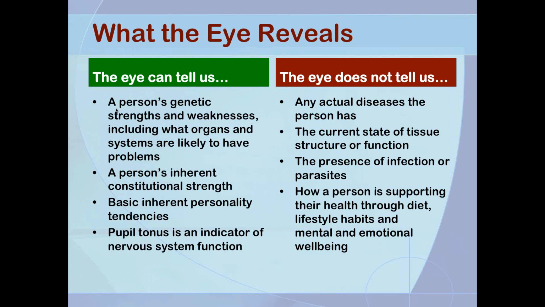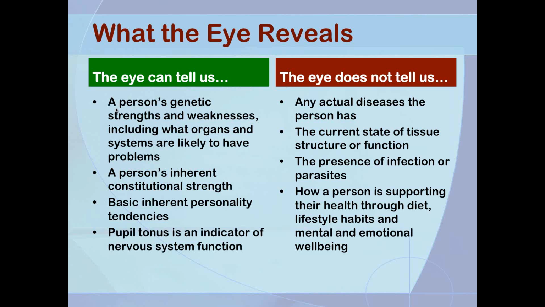Now I know that if I can early adopt a proper diet and lifestyle habits to help support those systems which are inherently prone to malfunction in that person, I'm likely to help prevent them from ever getting sick in the first place.